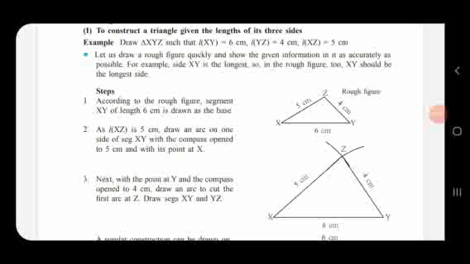So draw an arc on one side of segment XY with compass opened to 5 cm and with its point at X. Last step will be next, with the point at Y and compass open to 4 cm, draw an arc to cut first arc at Z. Draw segment XZ and YZ. So in this way we can construct a triangle if all the lengths of triangle are given.